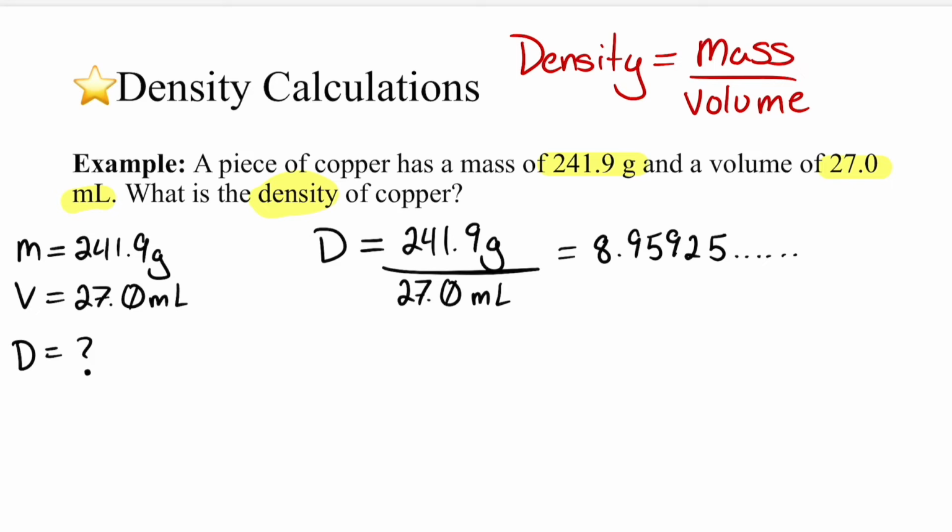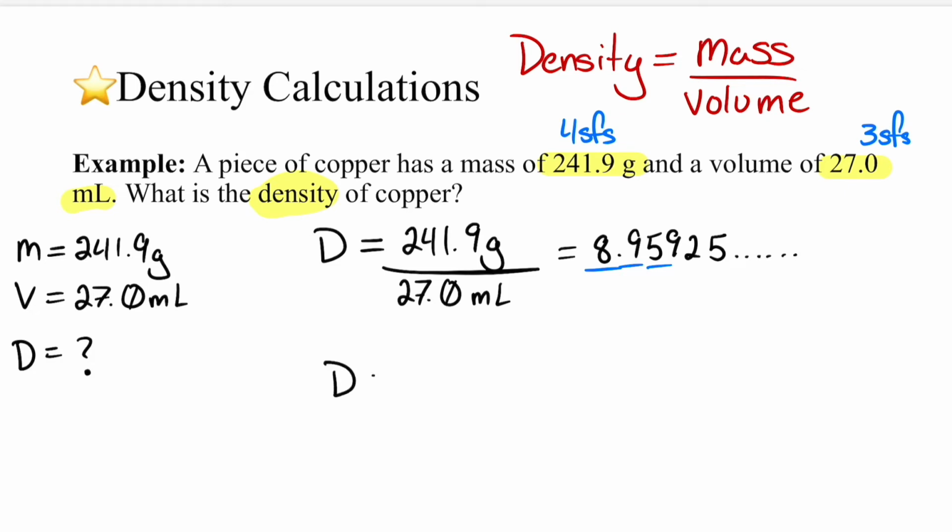241.9 has 4 sig figs in it. 27.0 has 3 sig figs. If you're doing division, you need to round to the fewest total number of significant figures, which in this case would be 3.